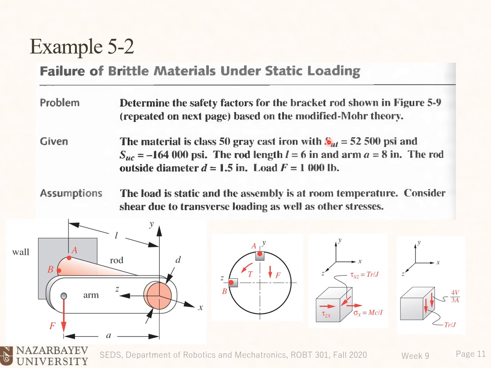We have an ultimate tensile strength and ultimate compressive strength. And you see this is an uneven material, SUC is bigger than SUT. The geometry and the force are the same as the previous example, and the load is static, and we are in room conditions.